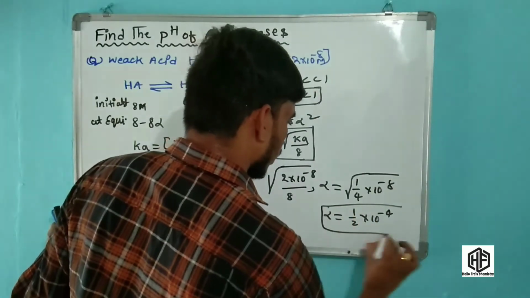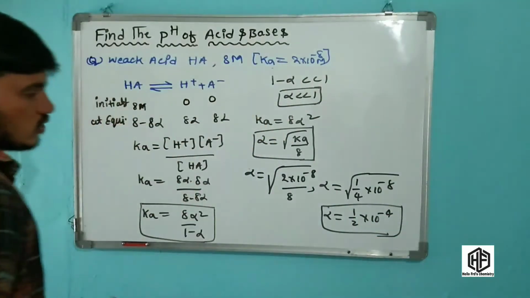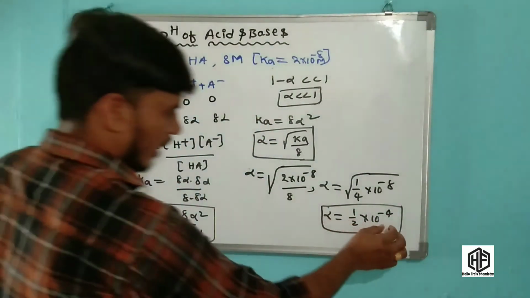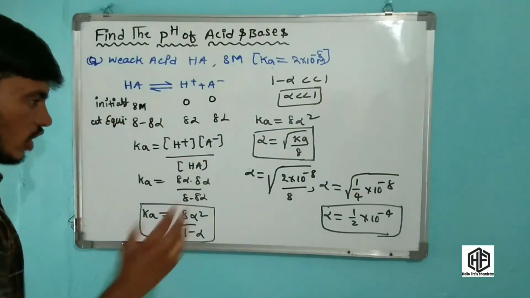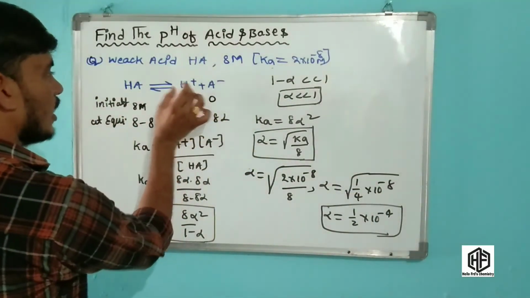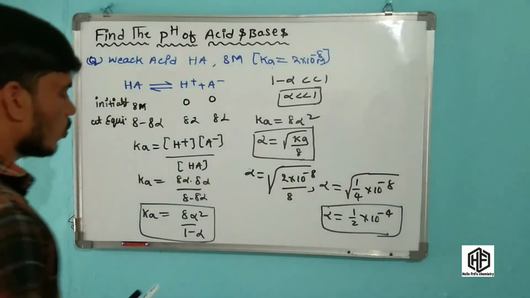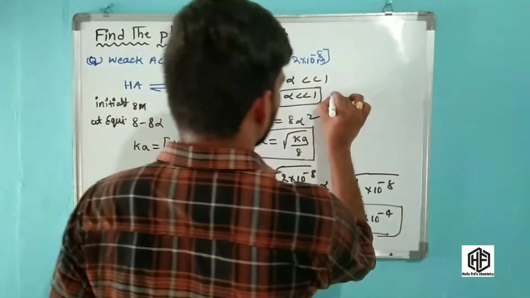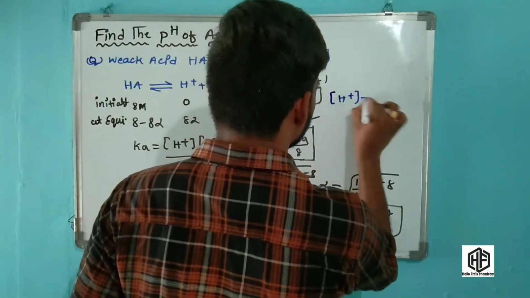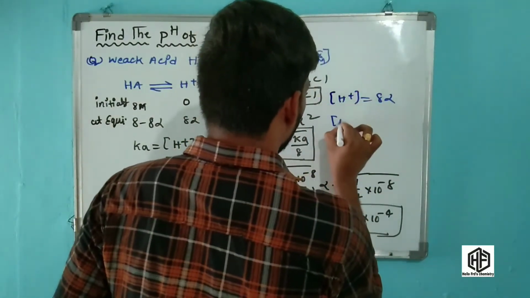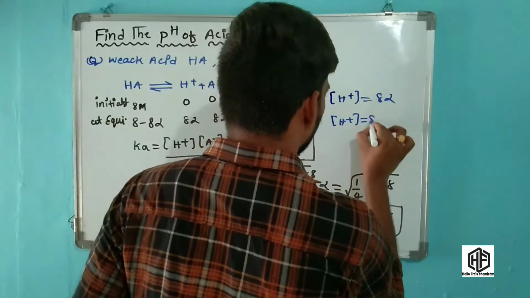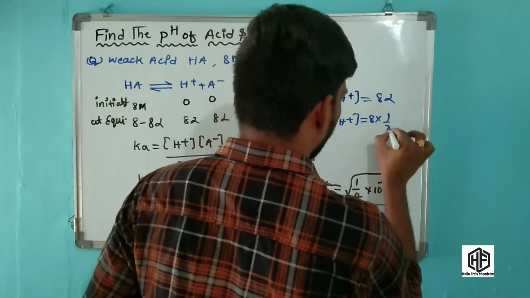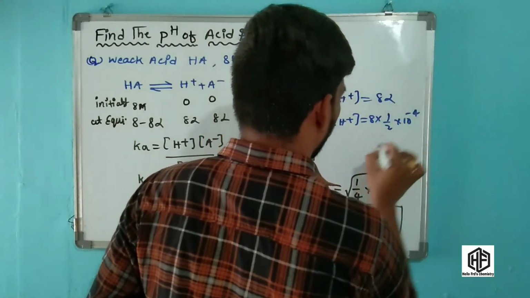Alpha value is 1 by 2 into 10 to the power of minus 4, friends. Now we have to find out the H plus ion concentration. H plus ion concentration is equal to 8 alpha. Now H plus ion concentration is equal to 8 into alpha, which is 1 by 2 into 10 to the power of minus 4.